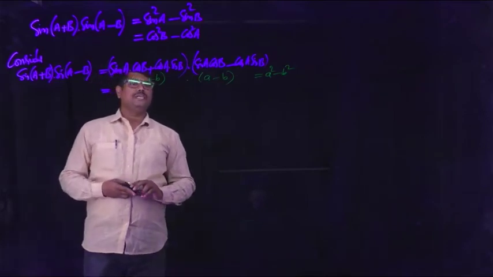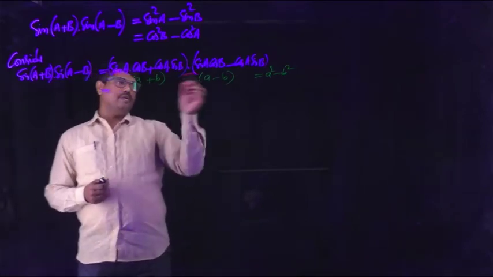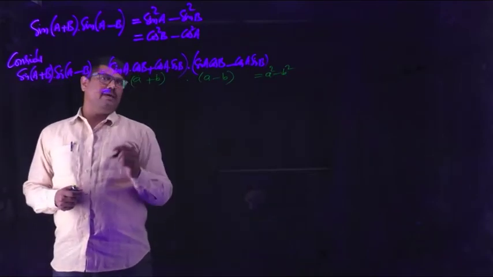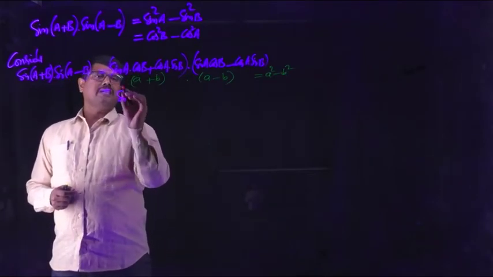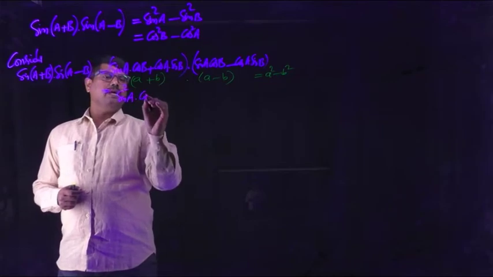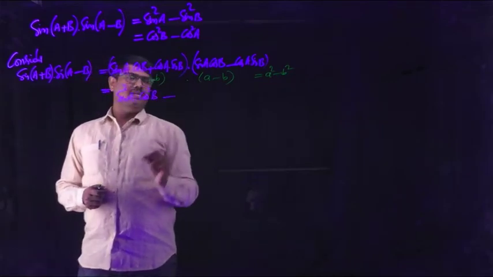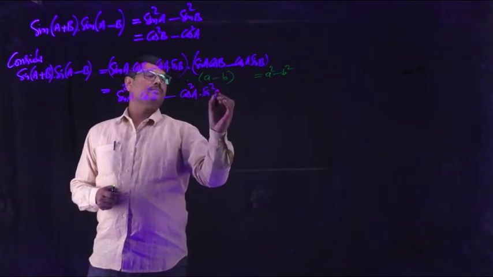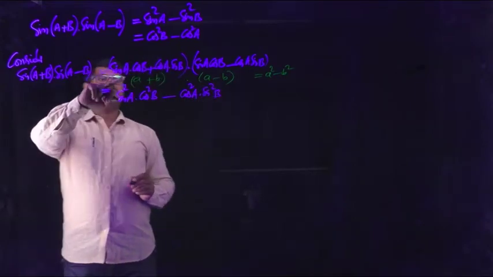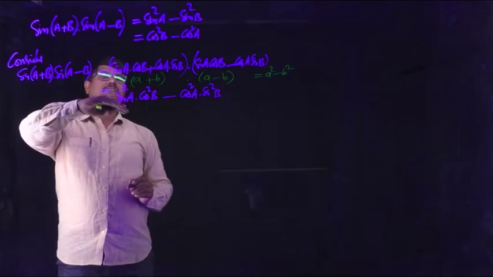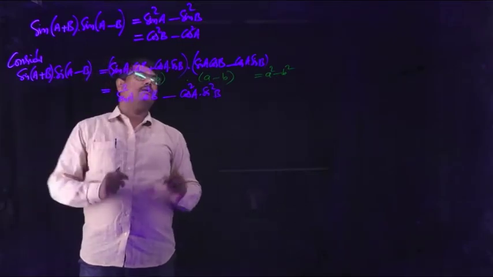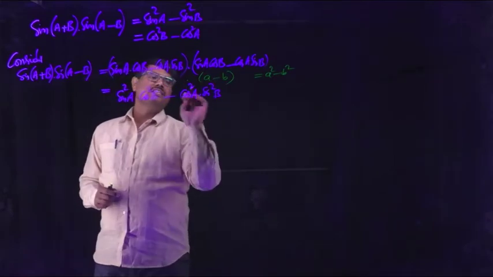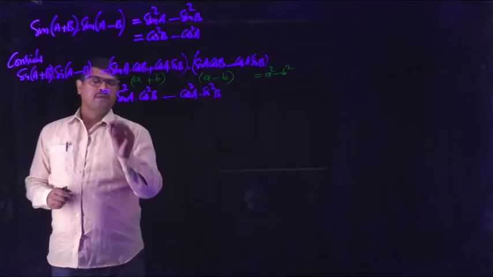So the expression is in the form of (a + b) into (a − b). So you can write that as a² − b², which is sin²A cos²B − cos²A sin²B. A is sin A cos B, considering square it will become sin²A cos²B. Cos A sin B treating as b, so its square is cos²A sin²B.